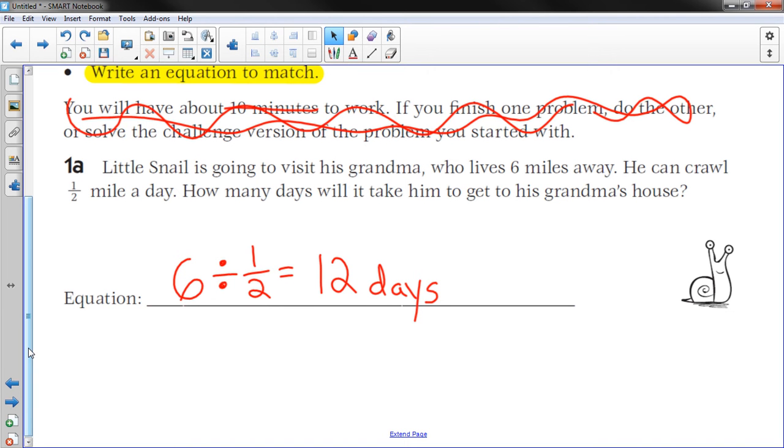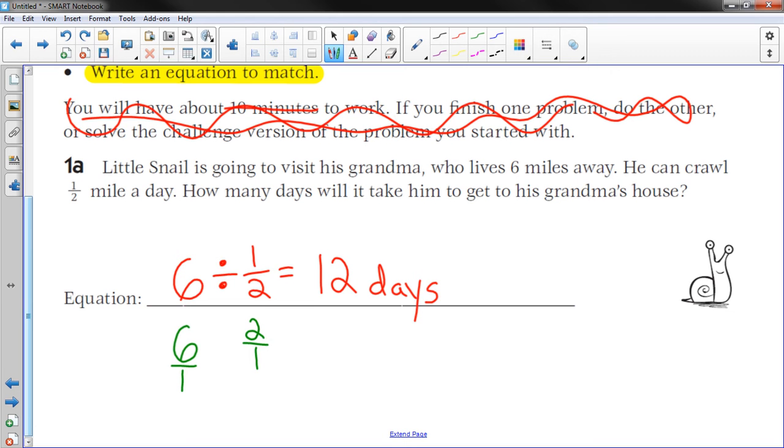Mathematically, you might have some parents or adults tell you that you could solve this by using the reciprocal of half. So think of half as 2 over 1, and 6 as 6 over 1.